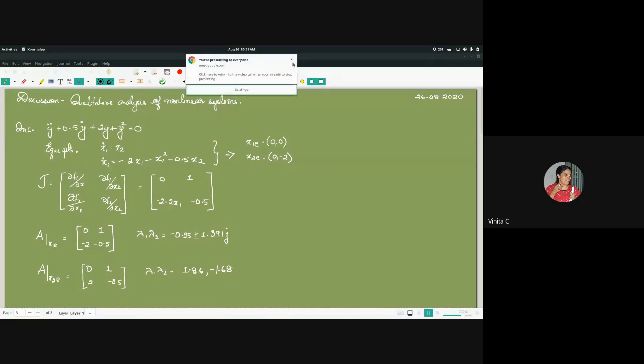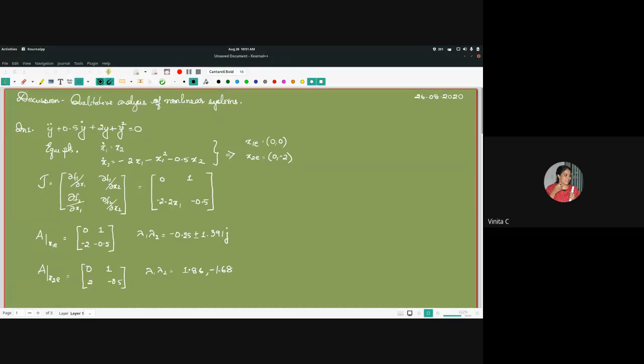സോ നിങ്ങൾ സംസാരിക്കണം കേട്ടോ. So this was one of the questions that we had discussed yesterday: to find out the equilibrium points of this nonlinear differential equation. In order to find the equilibrium points, we find the state space representation of this equation.